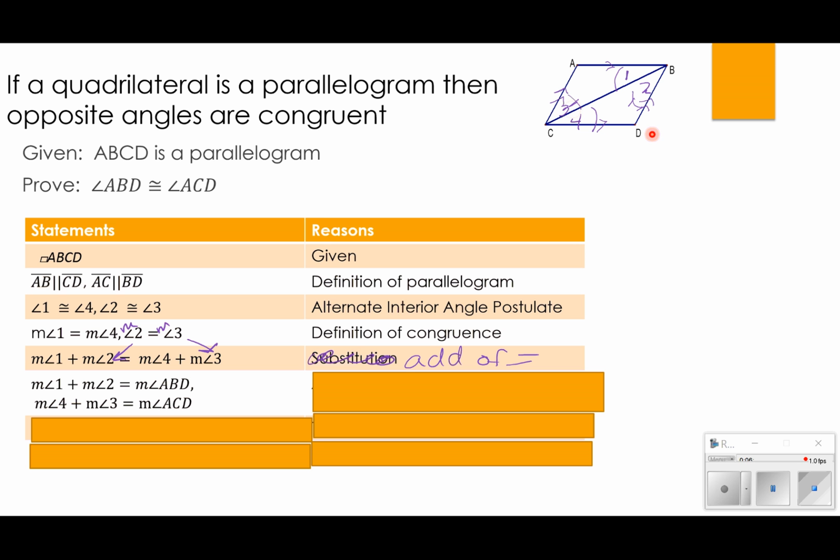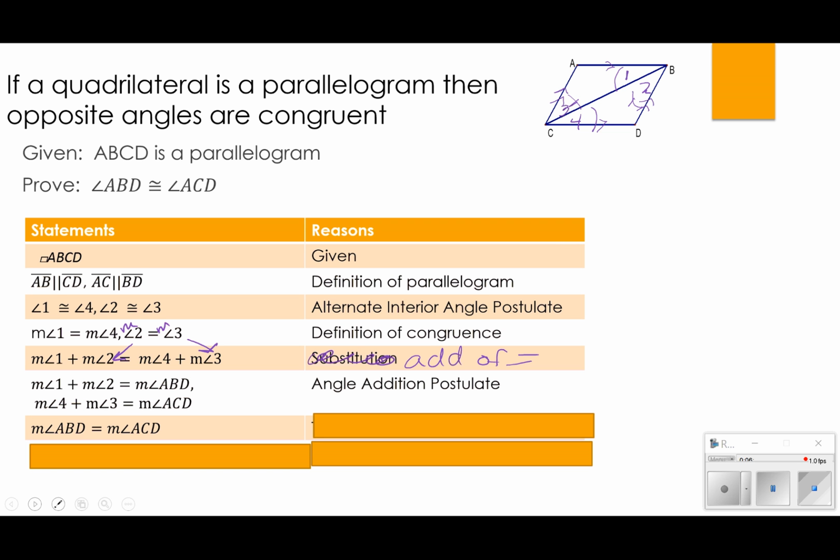And that's way, way from the beginning of the year, angle addition postulate. I'm then going to say that those are congruent. So I'm going to take this ABD and I'm going to sub it in up here for the measure of angle 1 plus the measure of angle 2. ACD I'm going to sub in for measure of angle 4 plus the measure of angle 3, and we could either use substitution or transitive. It doesn't really matter.